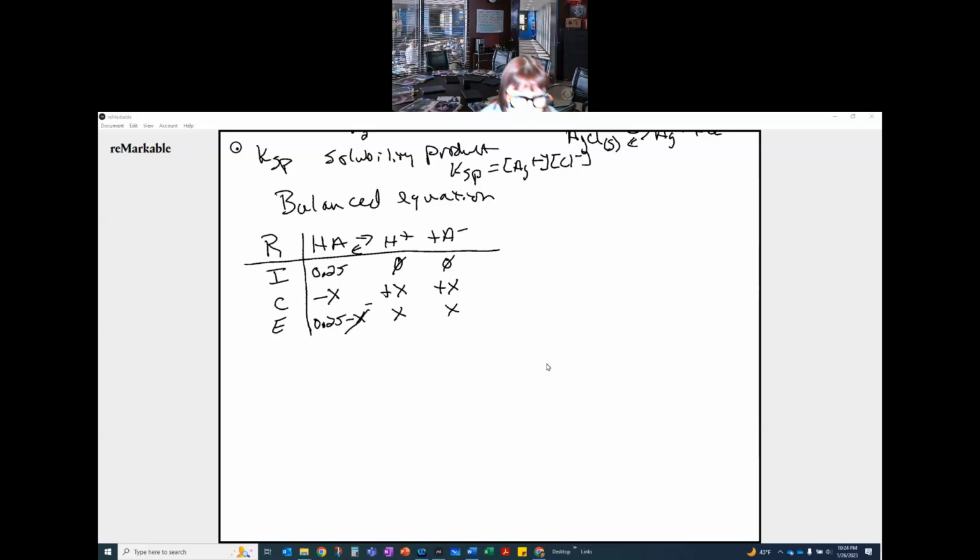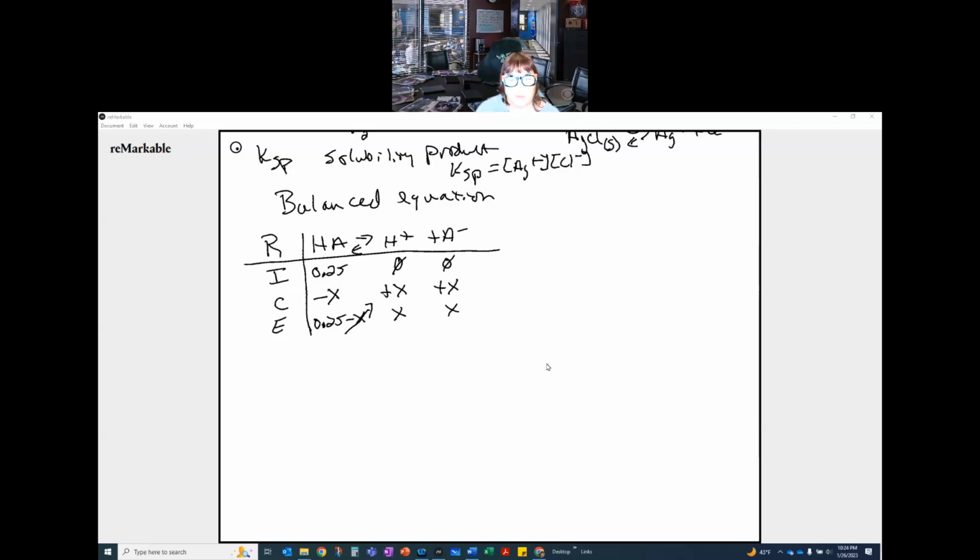Now, we make the assumption that the X we're looking at in terms of the dissolution of HA is very small comparative to our initial concentrations. Is that always true? No, but for most of the things that we're going to look at, that's a perfectly fine assumption to make. If it's not, if you're in a situation where you need to look at that, then you're going to have to deal with the math and work with the quadratic, and it's going to be slightly more complicated.